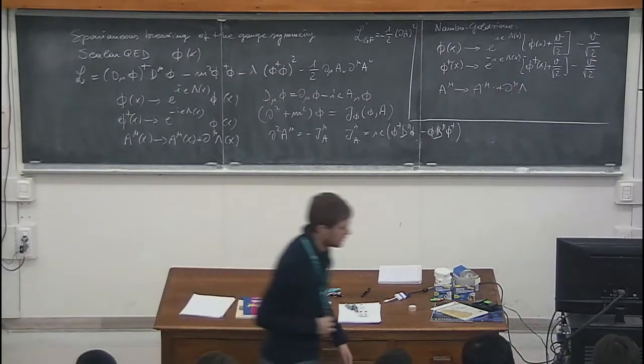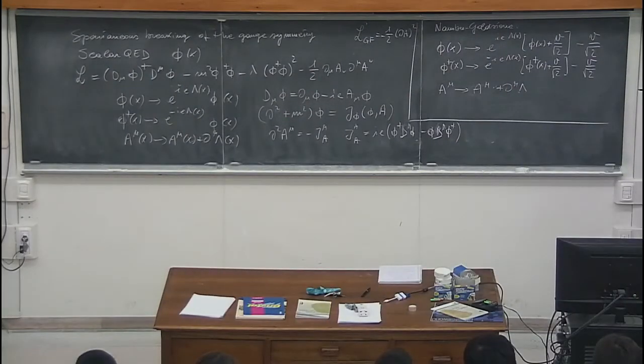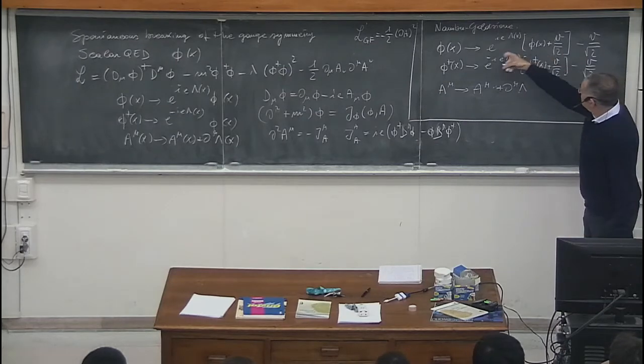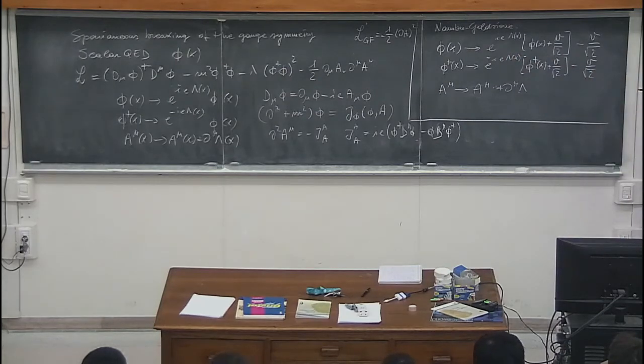I will show in a moment that it is possible to write down a Lagrangian which is invariant under this set of transformations. Let me just observe that, first of all, these kinds of transformations do not map φ equal to 0 into φ equal to 0. If I set φ to 0 here, you get something different from 0 in general.